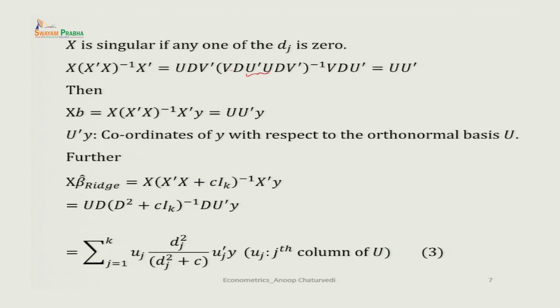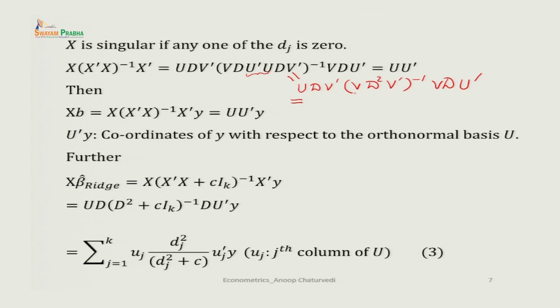So, you have (V D square V transpose) whole inverse. So, you get U D V transpose, then (V D square V transpose) whole inverse, V D U transpose, and then this is equal to, we take the inverse of this.